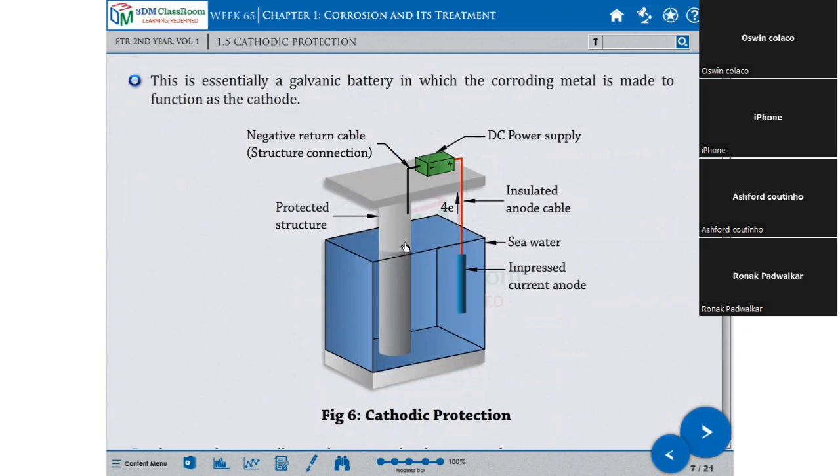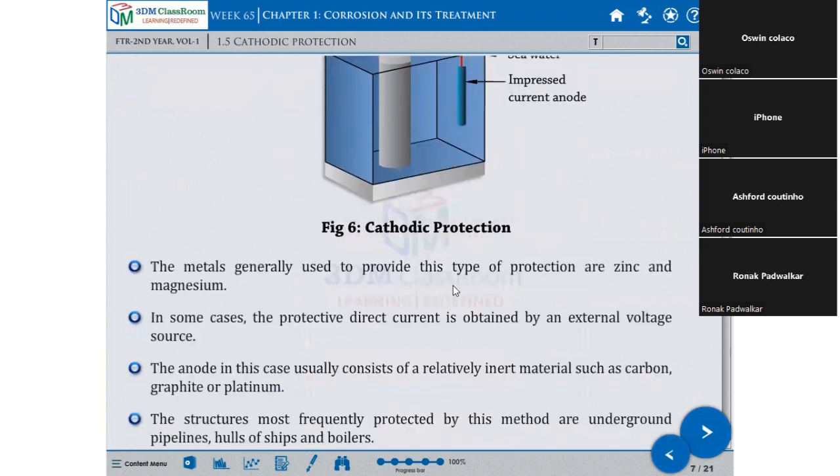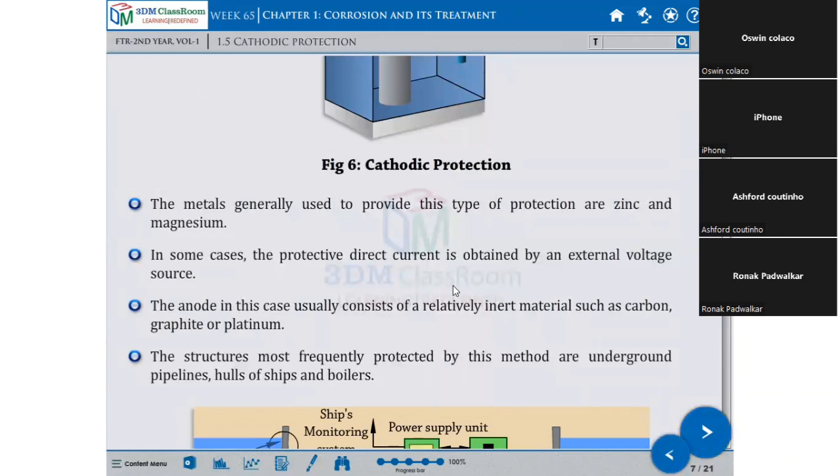This is the protected surface, with an insulated anode cable, with sea water immersed in the current mode. Metals generally used to provide this type of protection are zinc and magnesium. So basically for cathodic protection, we mostly use protective material like zinc and magnesium.